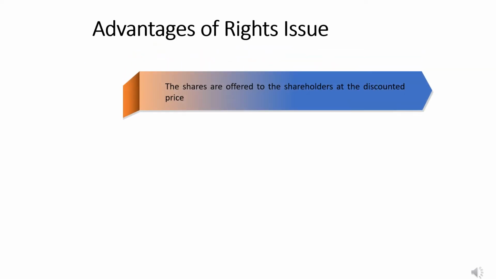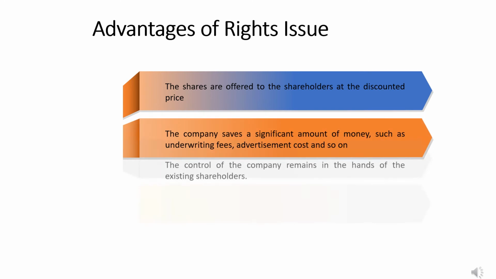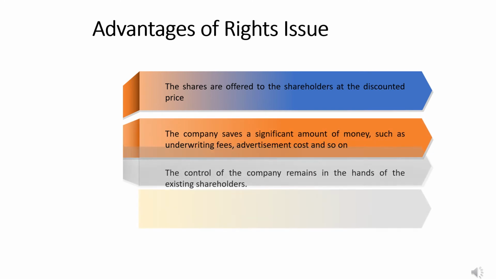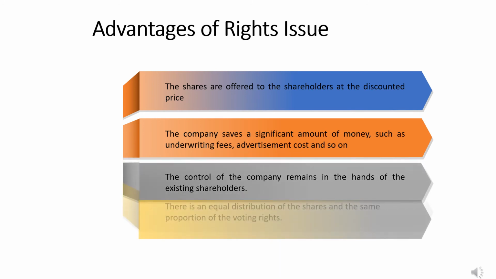Let's look at the advantages and disadvantages of a rights issue from a shareholder's and company's point of view. Talking about the advantages, the best part is it is always at a discounted price compared to the market price.